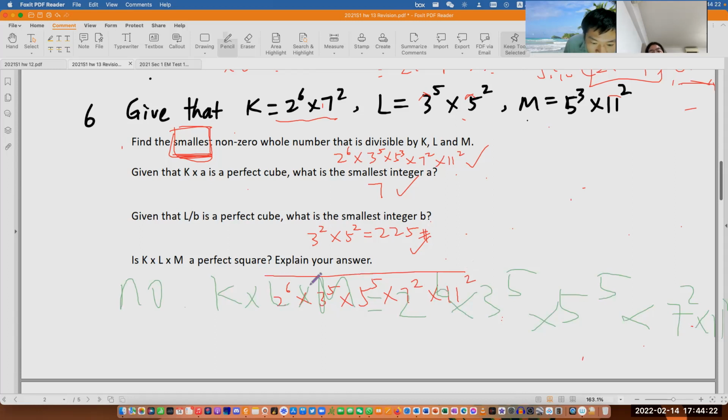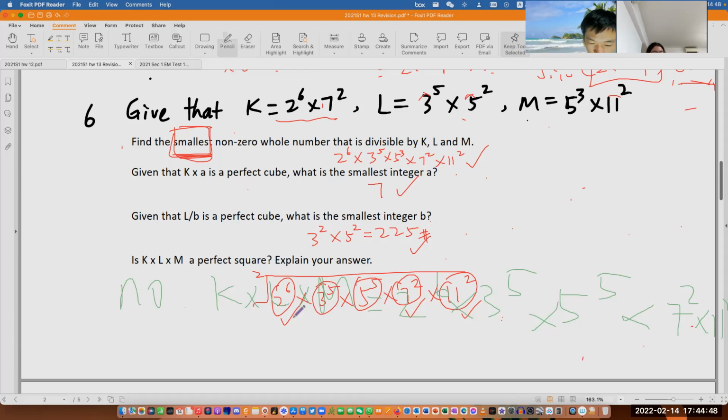Perfect square means square rooted. So basically the question asks whether this one can be square rooted or not. You can see that this one can be square rooted, this one can, this one also can, but 3 to the power of 5 and 5 to the power of 5 cannot.